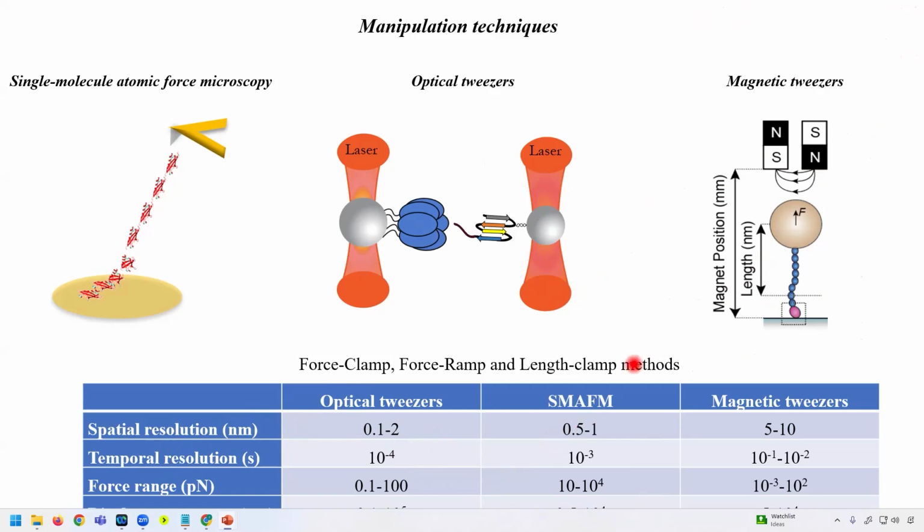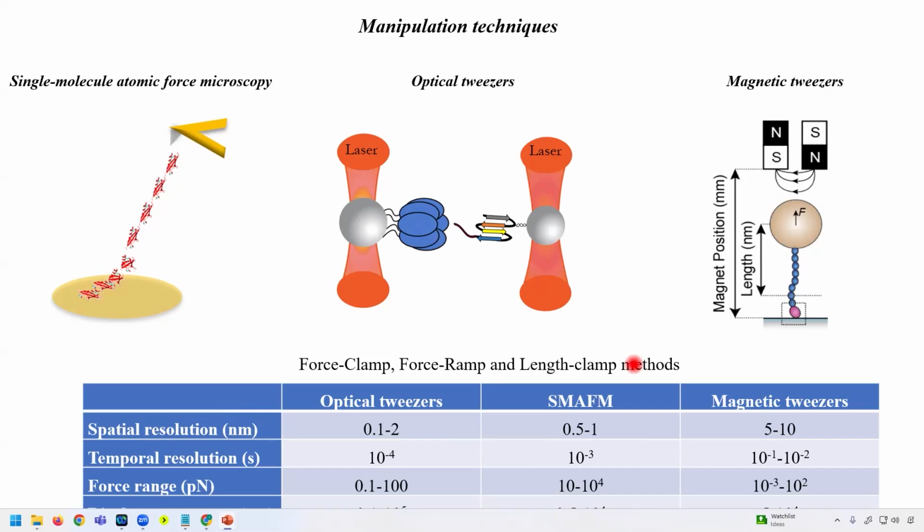We are talking about 0.1 nanometer. 0.1 nanometer means how many angstroms? 1 angstrom is 10 power minus 10 meters. 10 power minus 12 is pico, 10 power minus 10 is angstrom, and 10 power minus 9 is nanometers. So 0.1 nanometer is 1 angstrom.